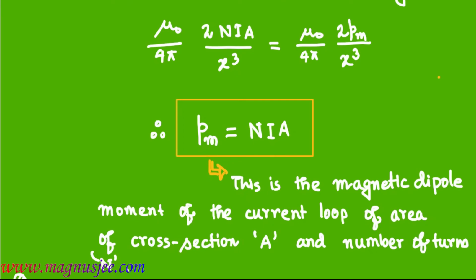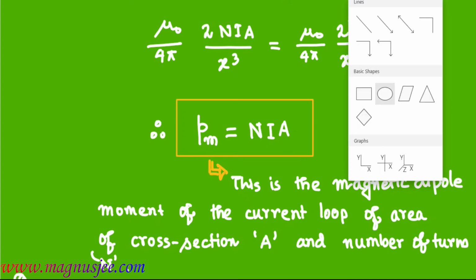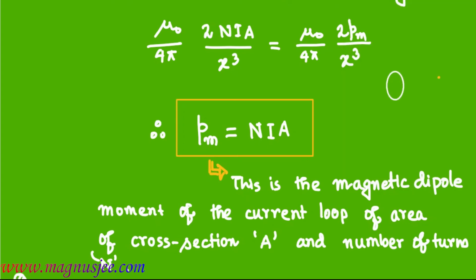Now we can draw the diagram of a current carrying circular coil here, a vertical current carrying circular coil. Current enters the coil through one wire and flows away from the coil in this way. This is the circular coil.